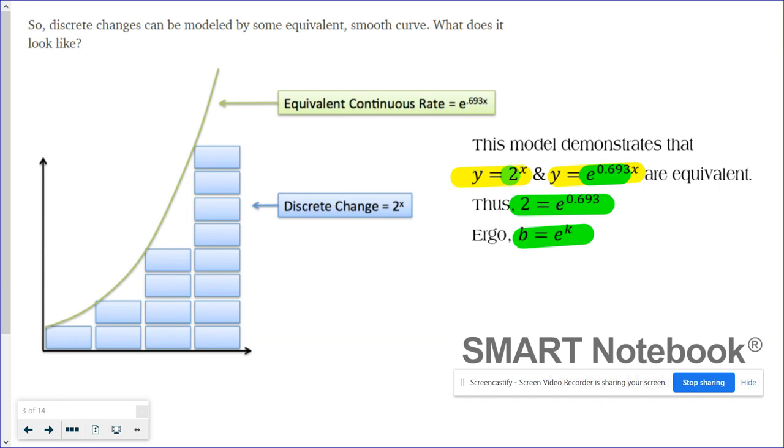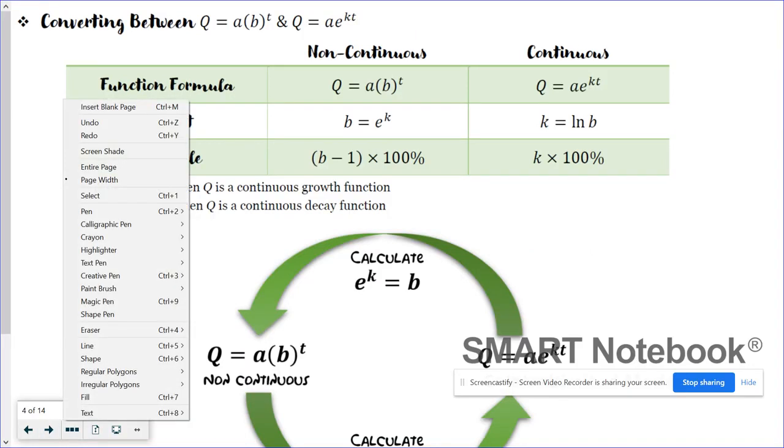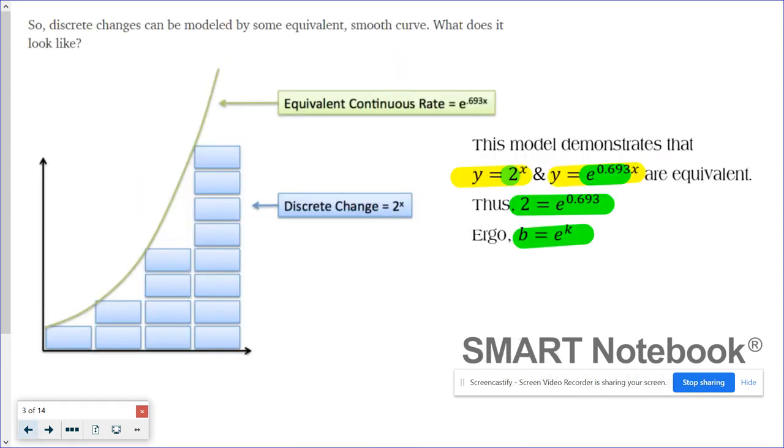But how do we go the other way around? How would I go from base b to base e? Basically, think about it. Like we were solving exponential equations earlier in this chapter. I'm just going to go back to this page. What we have right here is an exponential equation, and we solved that exponential equation by taking the natural log of both sides. So what if I did that?